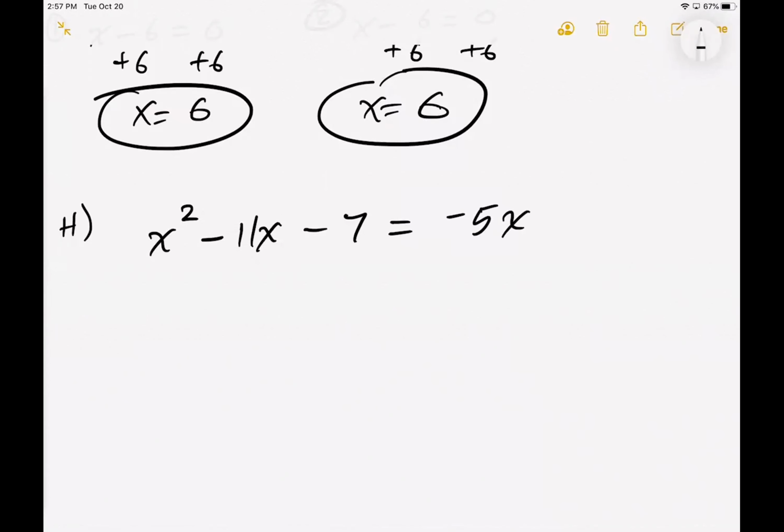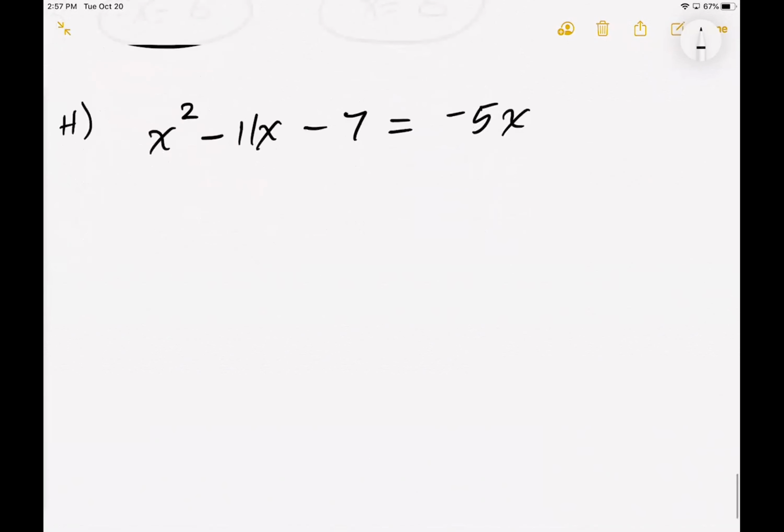Remember, your goal is if it's not equal to 0, manipulate the equation so that it's equal to 0. And if you manipulate your equation, basically you combine like terms. So what are your like terms and what do we do when you move it over?